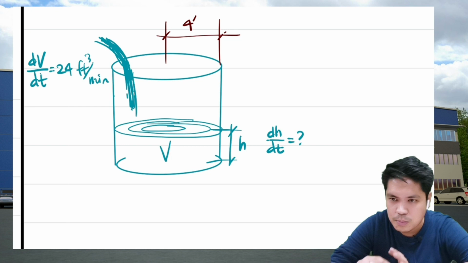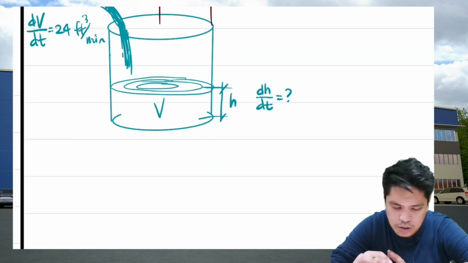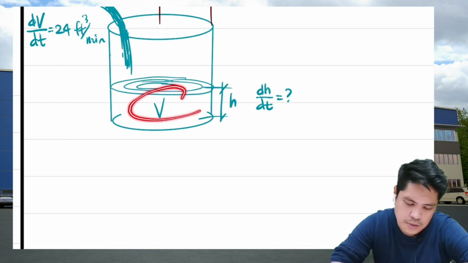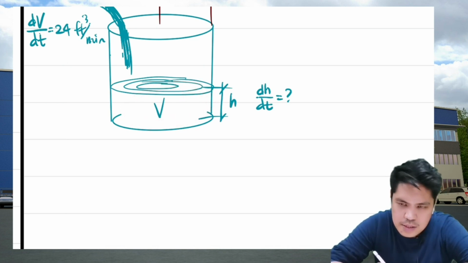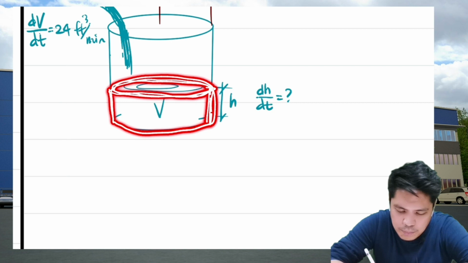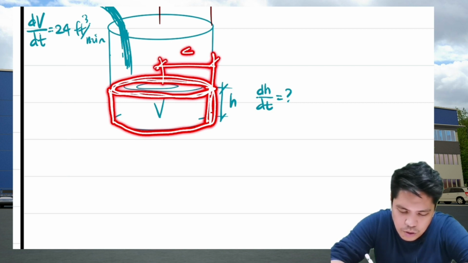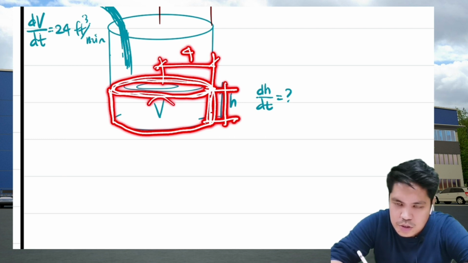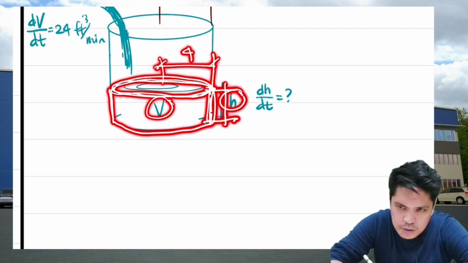If you want to compute the volume of the water inside, the water inside the tank is taking the shape of the tank, which is also a cylinder, with radius equal to 4 given and this variable height h. So the volume depends on the height.